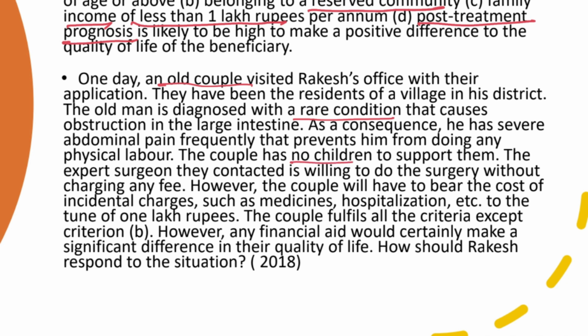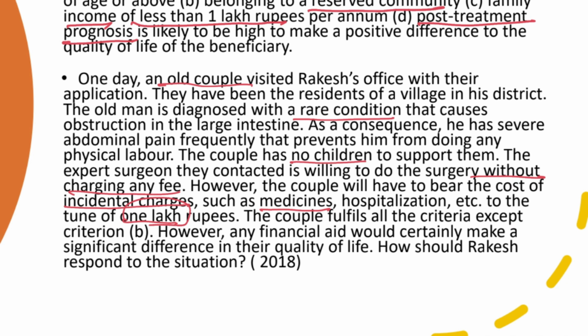The couple has no children to support. The expert surgeon they contacted is willing to do the surgery without charging any fees. However, the couple will have to bear the cost of incidental charges, such as medicines and hospitalization, to the tune of 1 lakh.